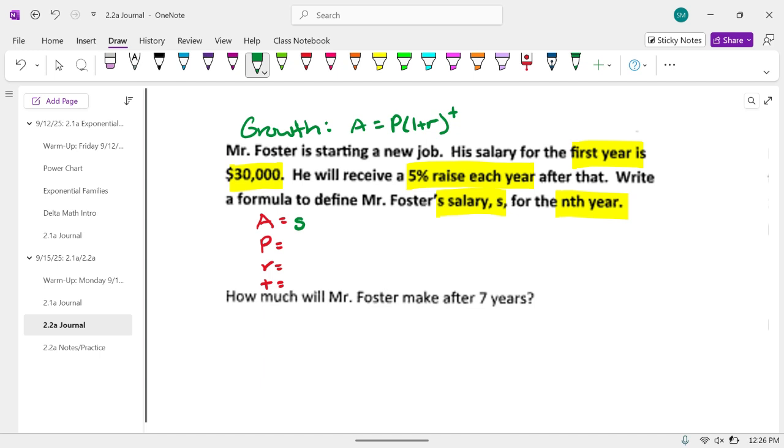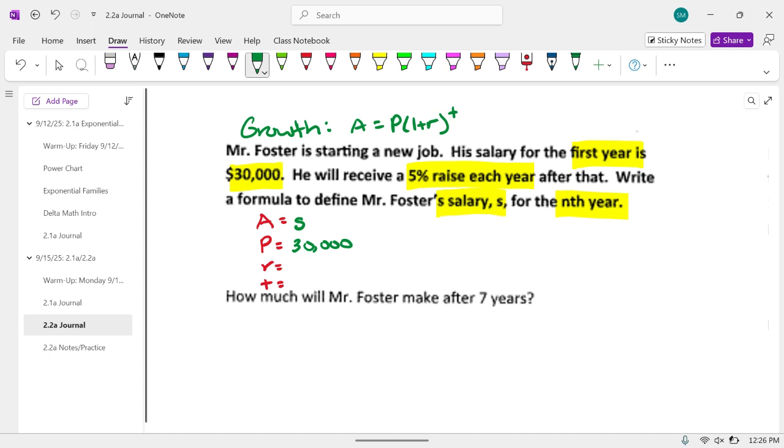What about P? So your principal or initial value. That would be your 30,000. That's what he started with. All right. So remember, P is your principal, which is another thing for your initial value. That's how much money they started with. What about R? So your rate. So it's 5%, but I need it as a decimal. How do I write 5% as a decimal? 0.05. Good.